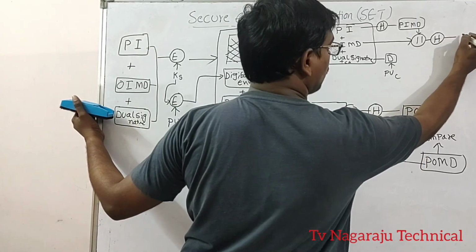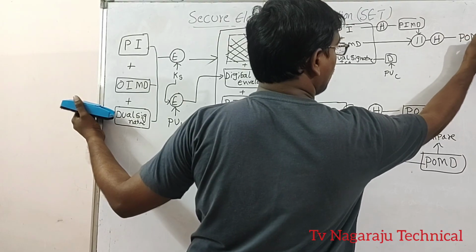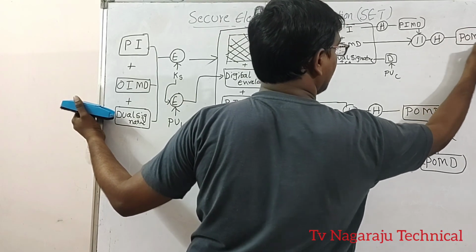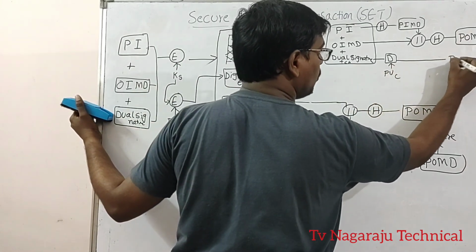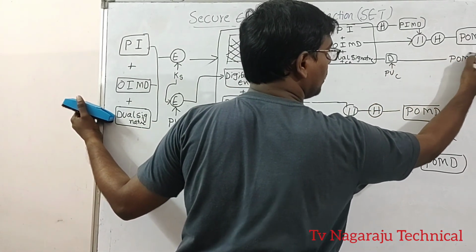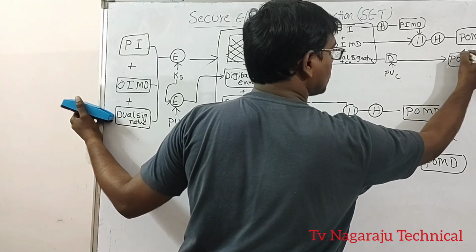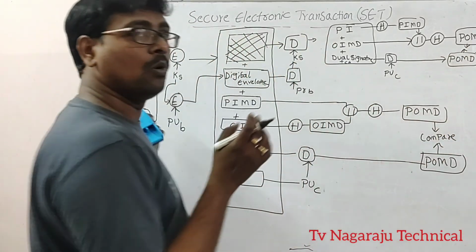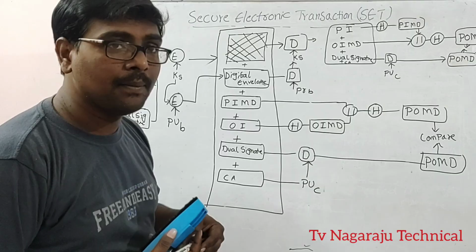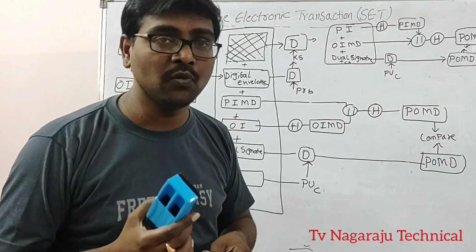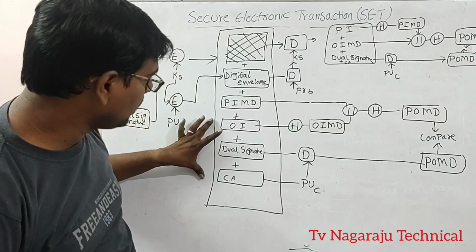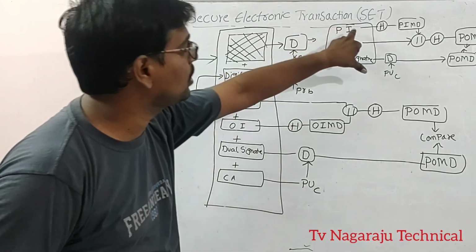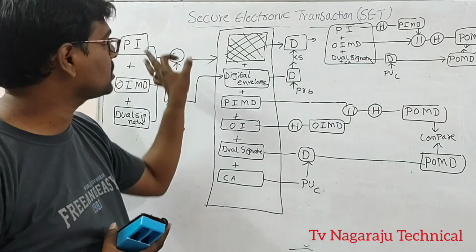What are you getting? POMD. By decryption also we are getting POMD. If both are the same, compare. If both are the same, the payment authorization is also validated successfully. Whatever we are doing on the order information, here you are doing on the payment information.